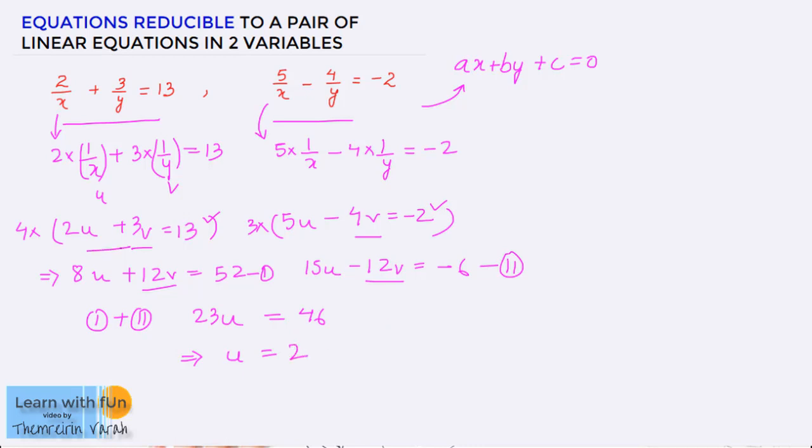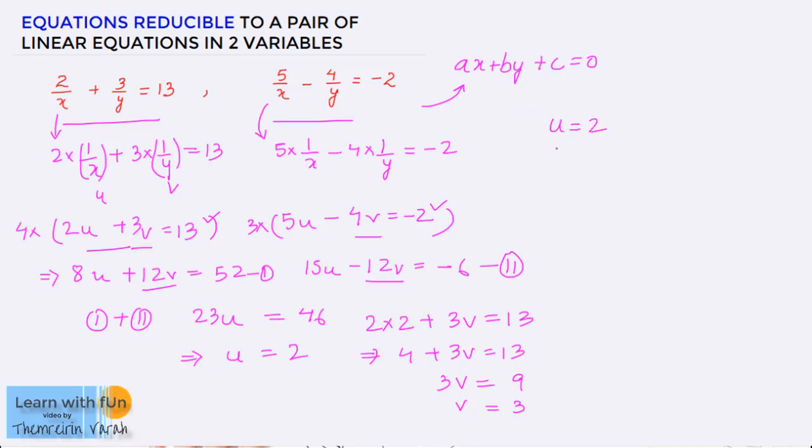Our u is equal to 2. Replace it in the first equation: 2 into 2 plus 3 into v is equal to 13. This implies that 4 plus 3v is equal to 13, or 3v is equal to 13 minus 4, which is 9, and v is equal to 9 by 3, which is 3.